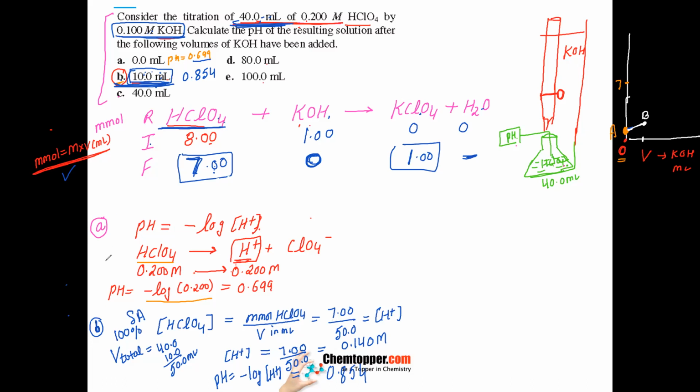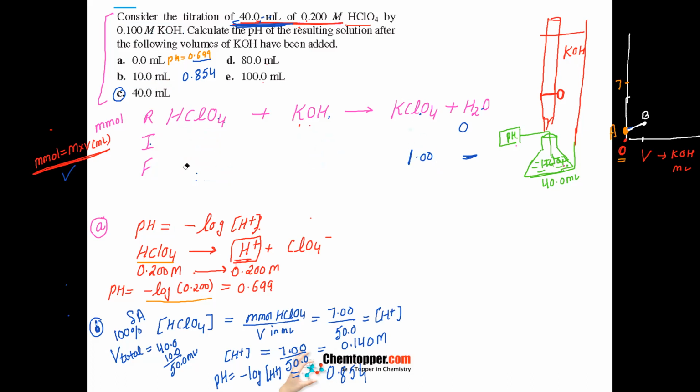So A and B are done. Exactly in the same way, you are going to do the C part. Same method. Everything now repeating. So we are on the C part. The only thing is you have to make the table again. This table. Let's make it again. The reaction is the same.